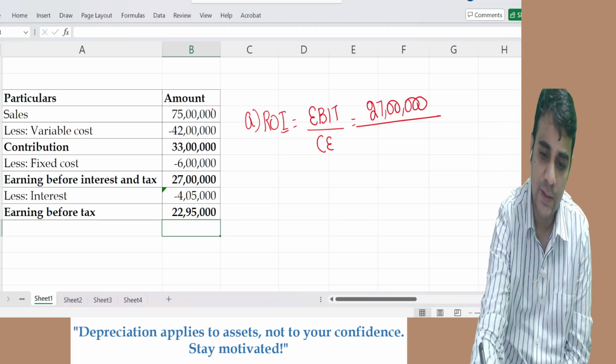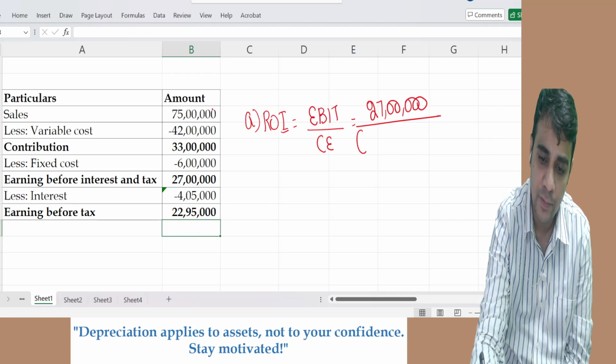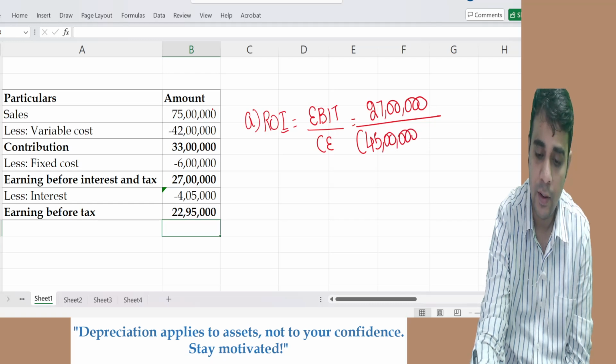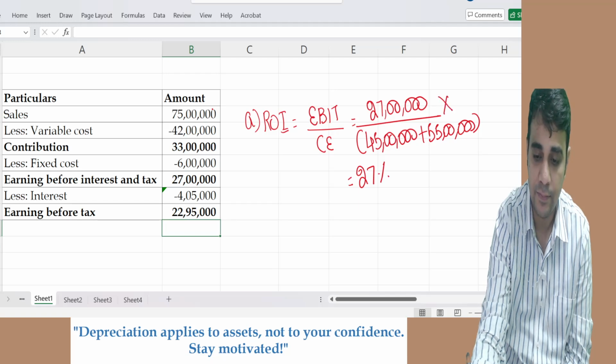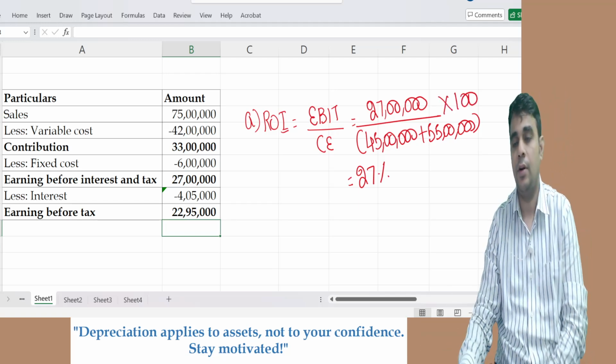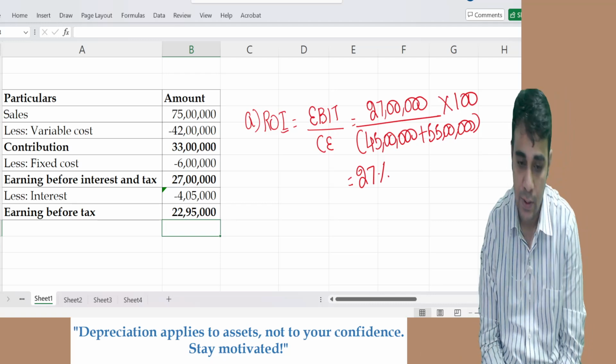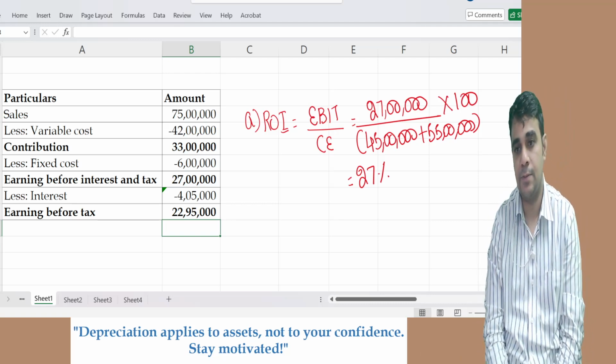Capital employed is debt plus equity. How much is the debt? 45 lakh. Equity 55 lakh. So we are generating a return of 27%, multiplied by 100 to express in percentage. 27%.